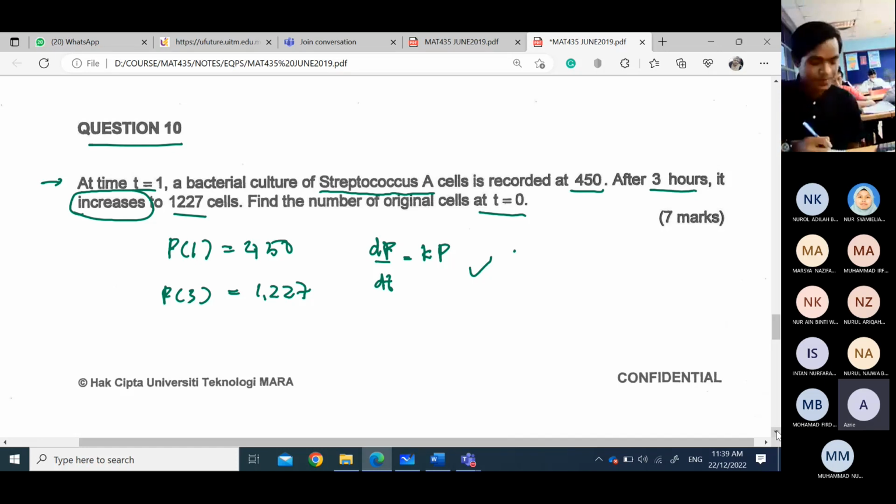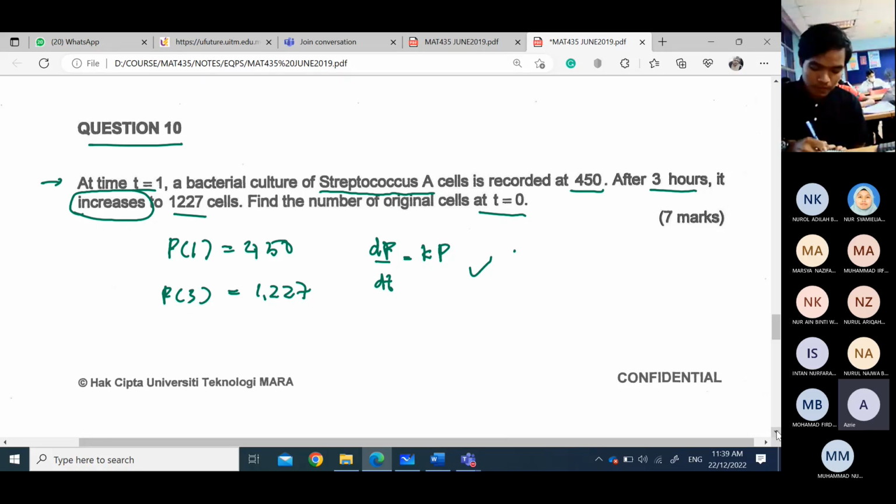Okay, kita ambil exponent. So we say that P(t) equal to Ae^(kt).